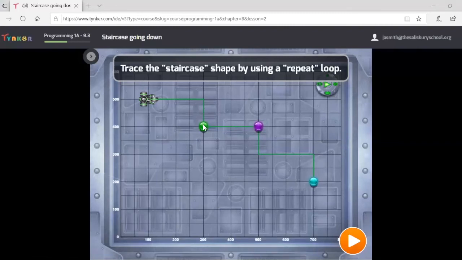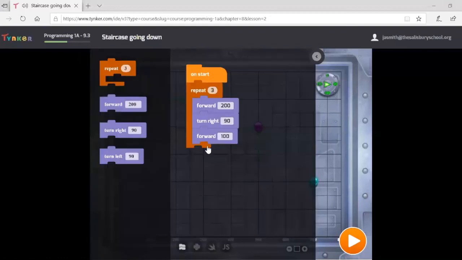Now remember with stair steps, we have to change direction. If you keep turning right every time, you're going to go around and come back where you started from. We don't want to do that in stair steps. So this time we need to turn left. So let's go back. So we went forward, we turned right, we went forward, and now we're going to turn left.